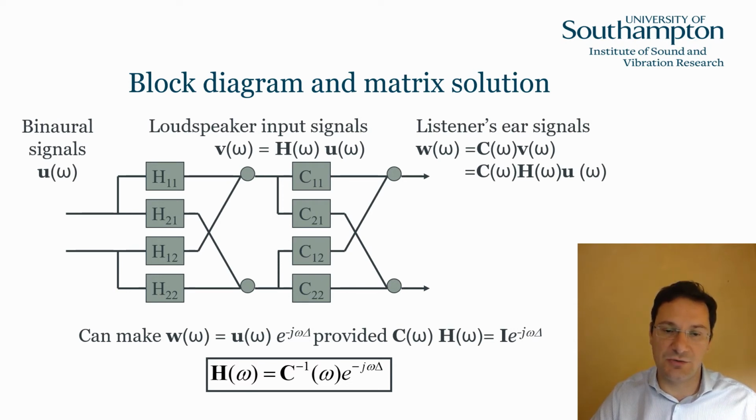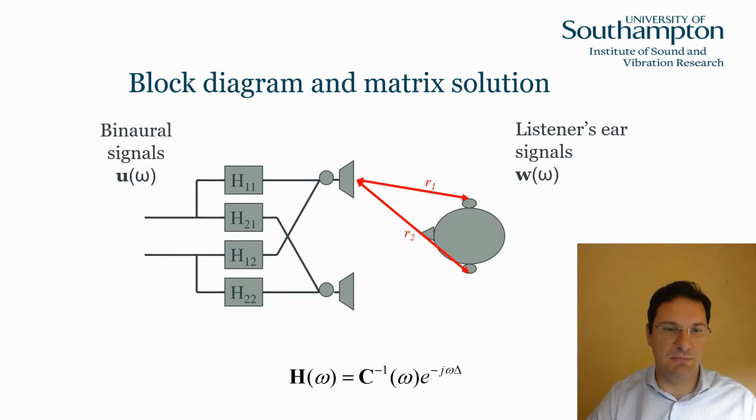We include here also a delay e to the minus j omega delta, where this little delta is a time delay. We do that to ensure the causality of the crosstalk cancellation filters. If you didn't do that, then the filters H would be non-causal and therefore not reliable in practice.